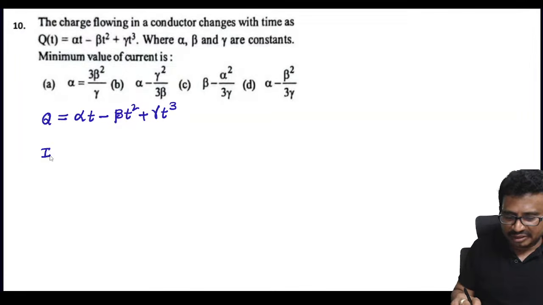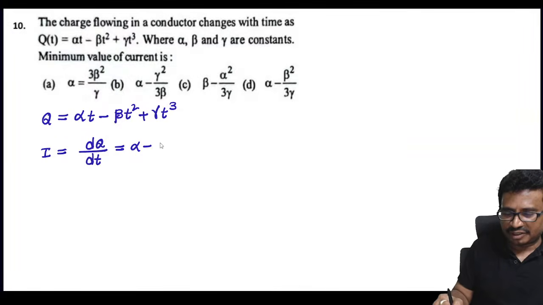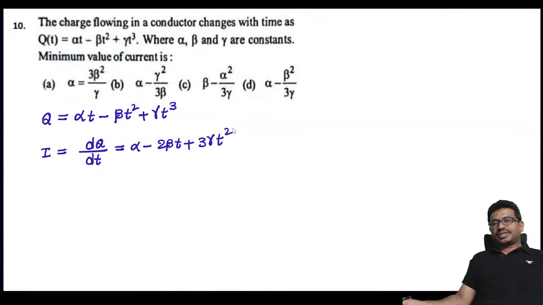So we can get this current now. First, I is equal to dq by dt. So alpha minus 2 beta into t plus 3 gamma into t square. This is the current. Now this is the function.